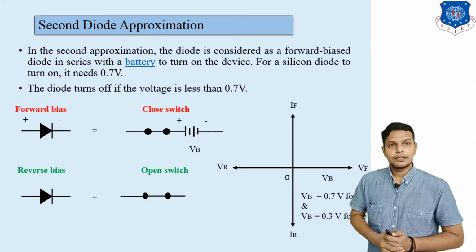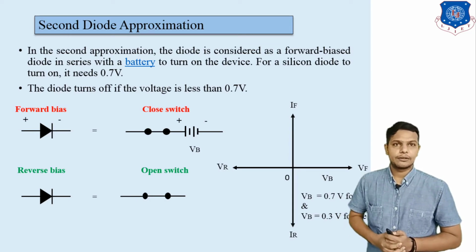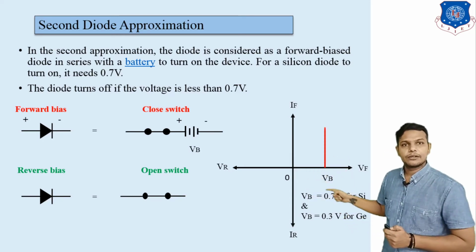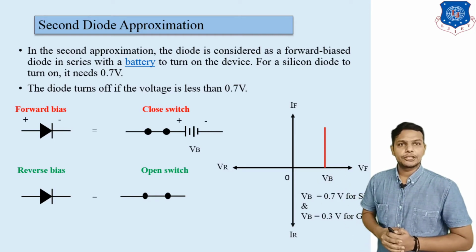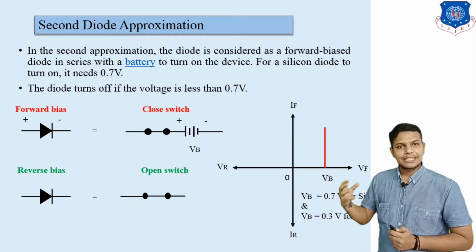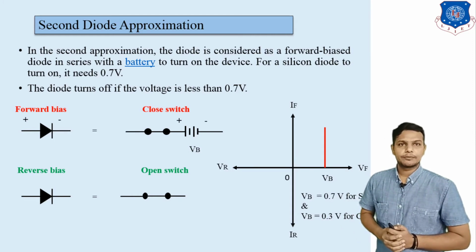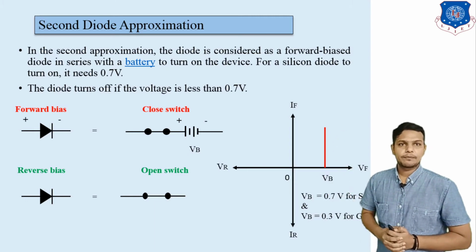As we discussed at the start of the second diode approximation, a battery is needed in this diode circuit. The graph is at VB, the biasing voltage. If silicon material is used, that means 0.7 volts. This is the graph of forward bias.